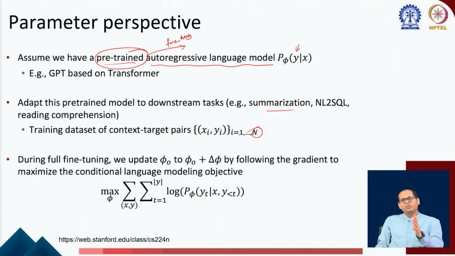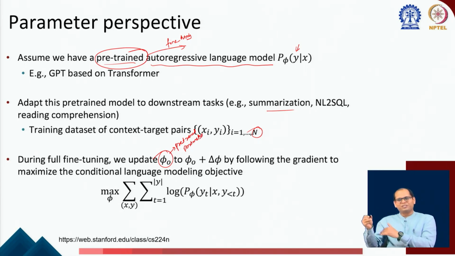Now what happens during normal fine tuning? I have some initial parameters phi naught. These are the pre-trained parameters, not random parameters, and now I try to fine tune them. So I find some delta phi and add it to these parameters. And how do I do that?